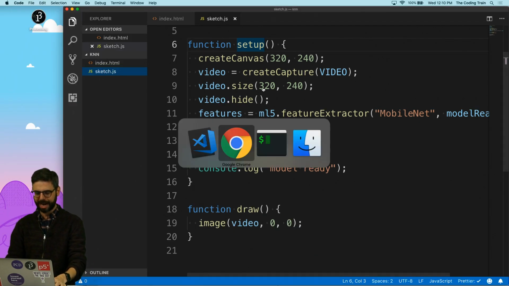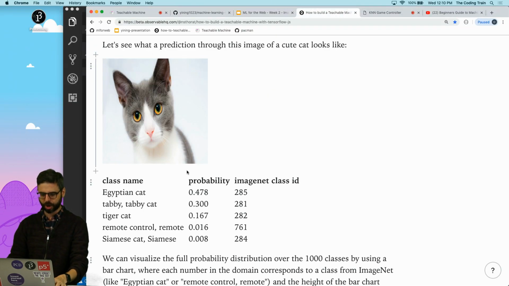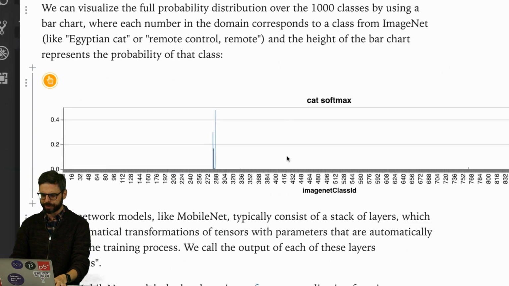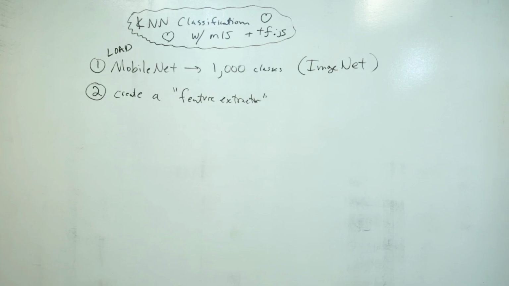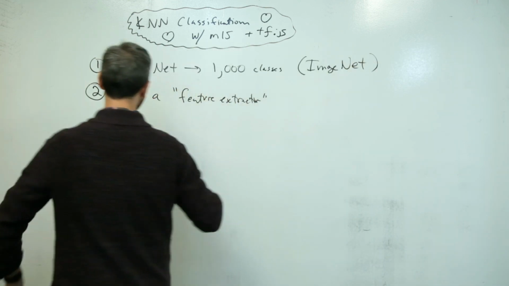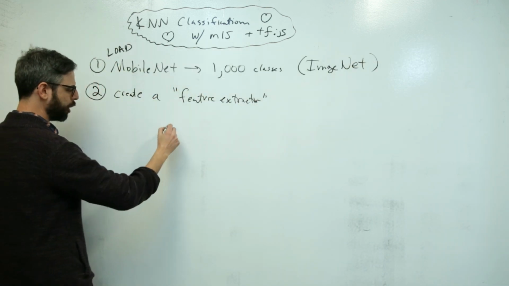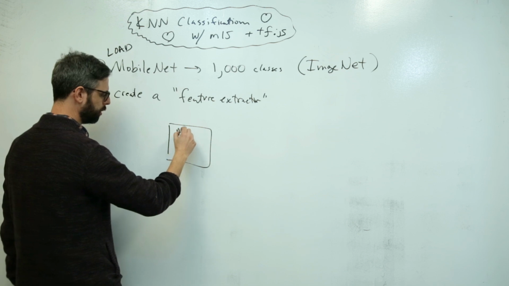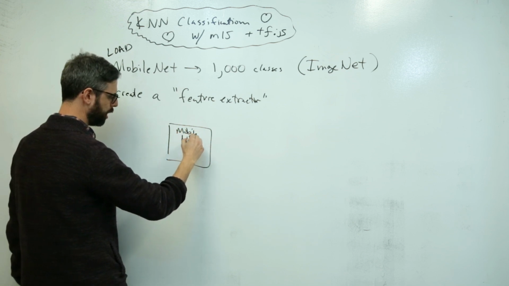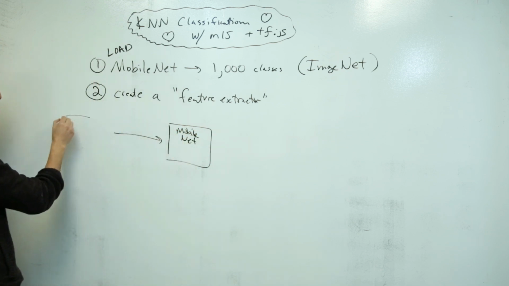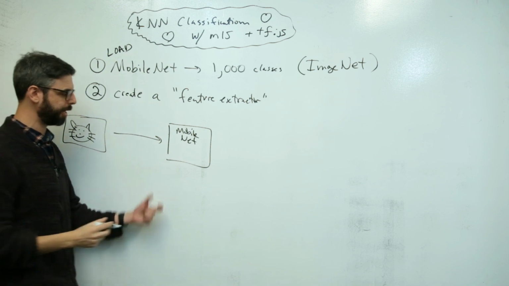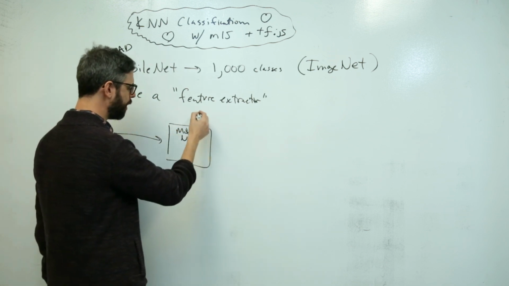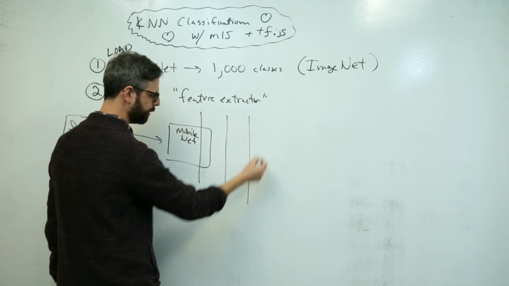So now we can go back to Nikhil's article and scroll down and say, okay, so this is the end result, the cat softmax. So what does this mean? The MobileNet model is a neural network that expects an input of an image. That image comes in and it's processed over a variety of different layers.